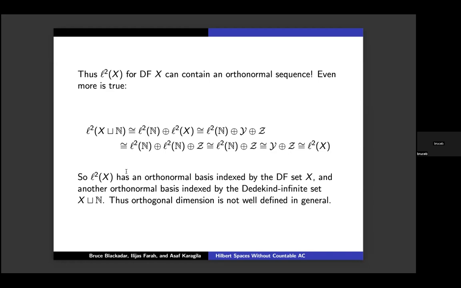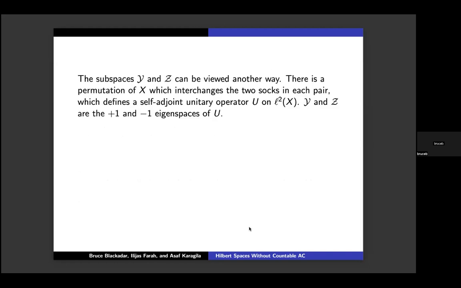So what that means is that L2 of X has an orthonormal basis indexed, of course, by X, which is a DF set, but it also has another orthonormal basis that's indexed by this disjoint union, which is not a Dedekind finite set. So orthogonal dimension is very much not well defined. We don't have a notion of orthogonal dimension here.